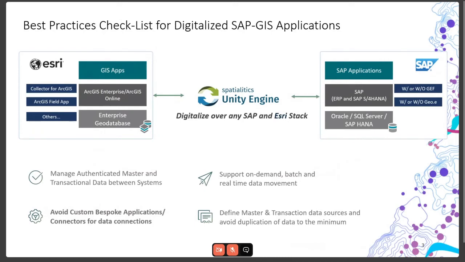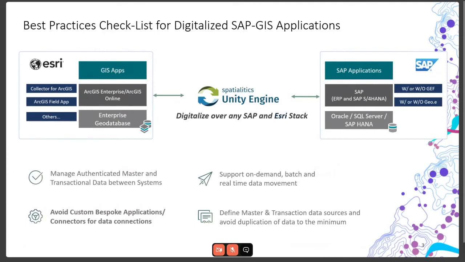Any other questions? And I think, we have a video on YouTube as well, which shows integration using Unity Engine. You're using Collector for ArcGIS in the field. And on the SAP side, we have SAP Geographical Enablement Framework.